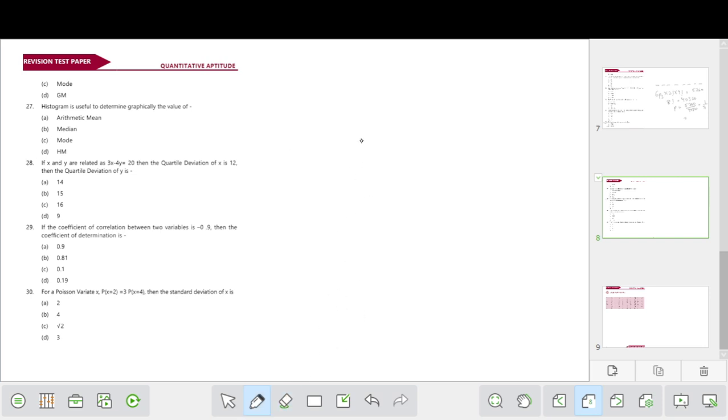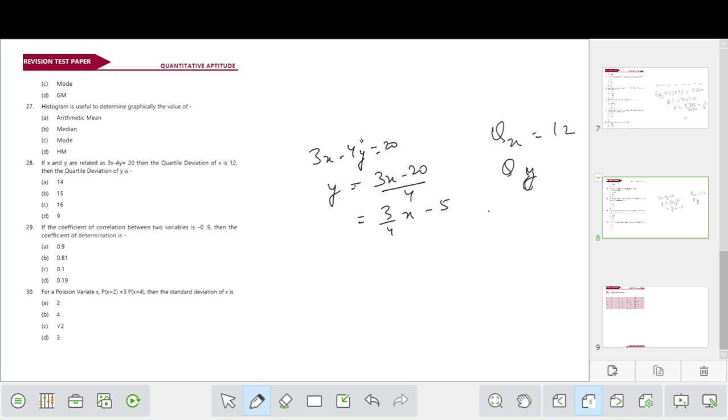So 3x minus 4y is equals to 20. Y is equals to (3x minus 20) divided by 4. So this is 3 by 4 x minus 5. And Qx is given as 12. Qy we need to calculate. So measures of dispersion only change with scale, that is modulus b into Qx.